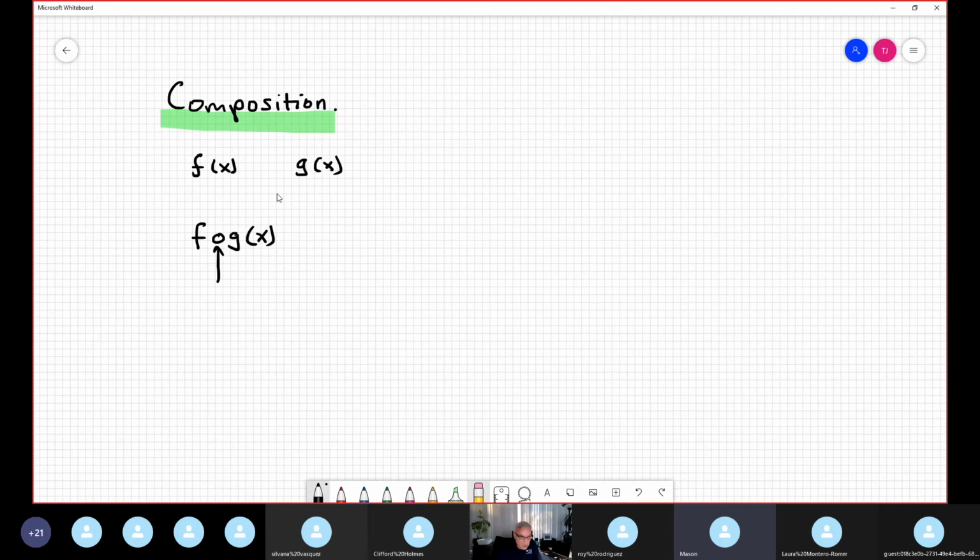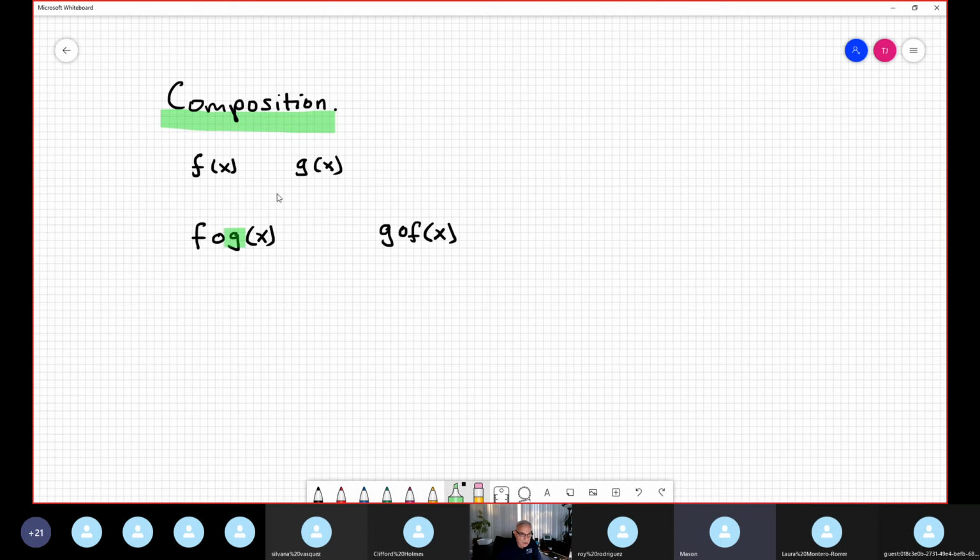This looks like a 0, but actually it's not 0. It's a symbol that indicates composition. Or why not g composition f. The order is extremely important, because this order indicates which function goes first.